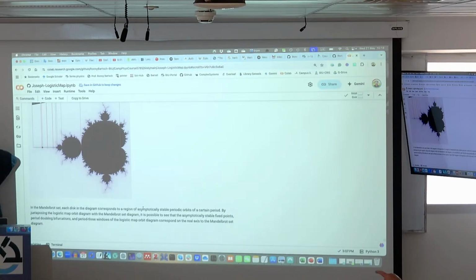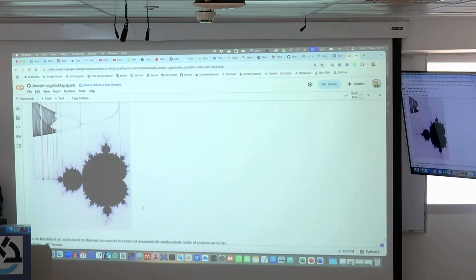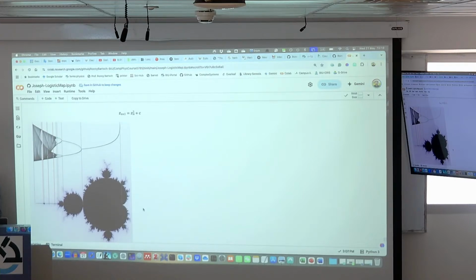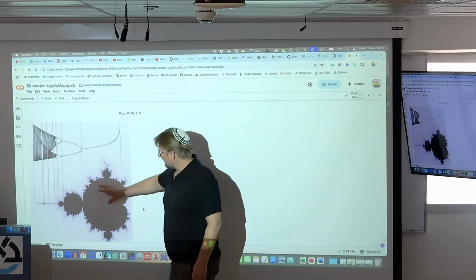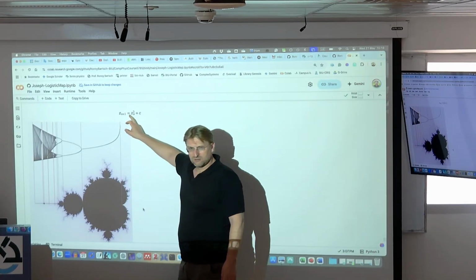So everybody understood what is happening in the first big part of the Mandelbrot set? Did we talk about it actually? I think in the fractal lecture, I talked briefly. So you get all of this when you just do iterations, right?